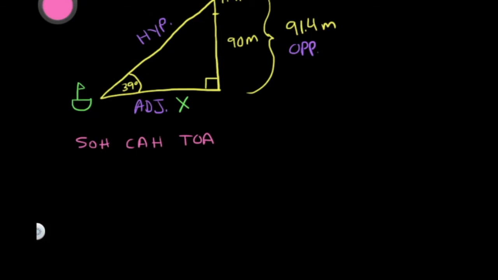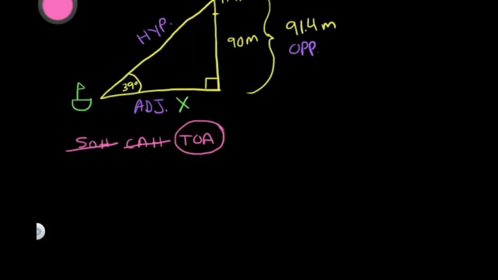So sine isn't going to work, right? Cosine uses the adjacent, which we need, and the hypotenuse. We can't use that because we don't have the hypotenuse, right? So cosine doesn't work. But with tan, we are looking for the adjacent, and we have the opposite. So tan is going to be the way to go here.